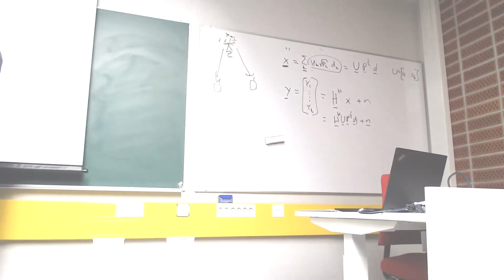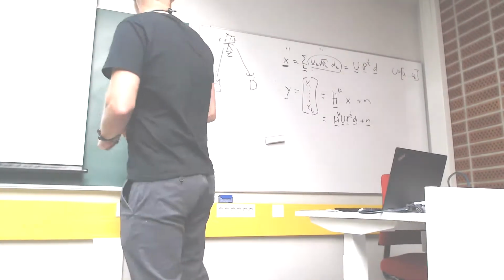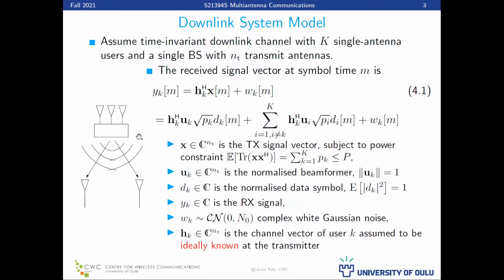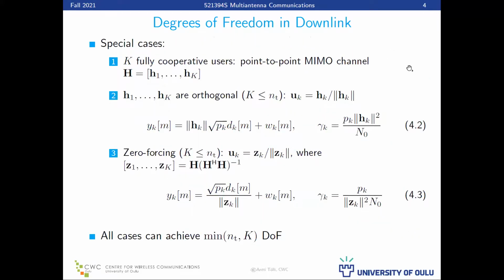Degrees of freedom in downlink. So let's assume some special cases first. We have 4 antennas, and then we have 4 users. So this H is a 4x4 matrix.